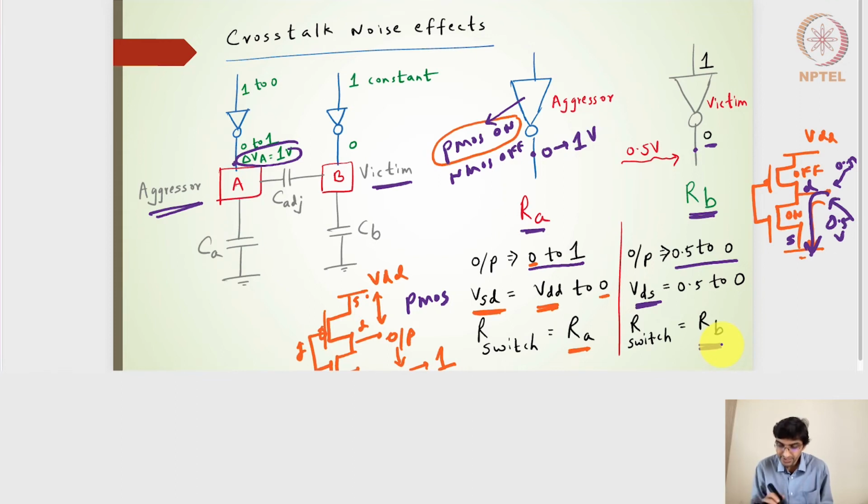So what we have done in this particular slide is we estimated the switching resistance for the driver on the aggressor line and for the driver on the victim line. The switching resistance for the driver on the aggressor line turns out to be RA, and the switching resistance for the driver on the victim line is stated as RB.